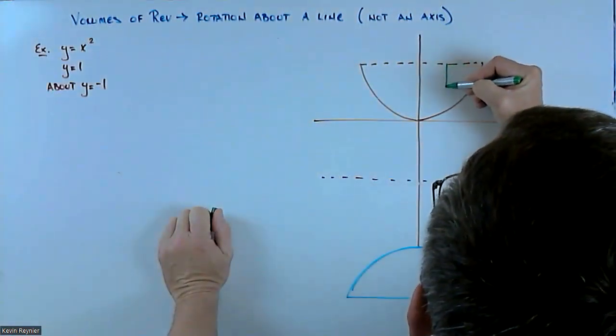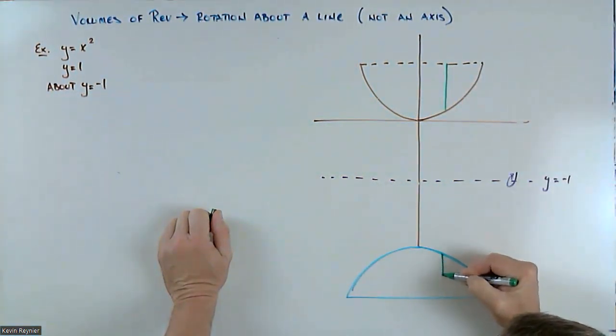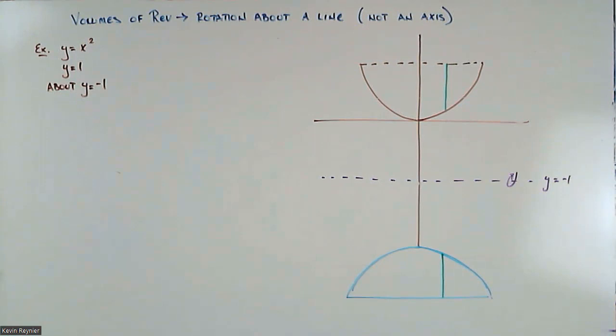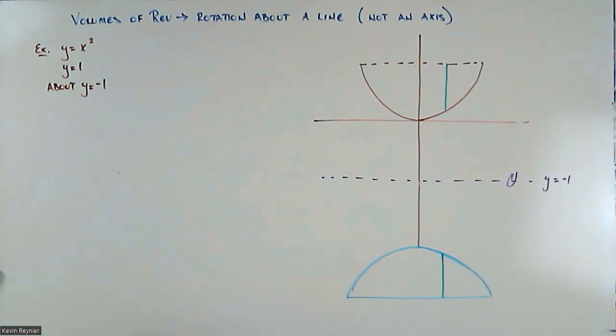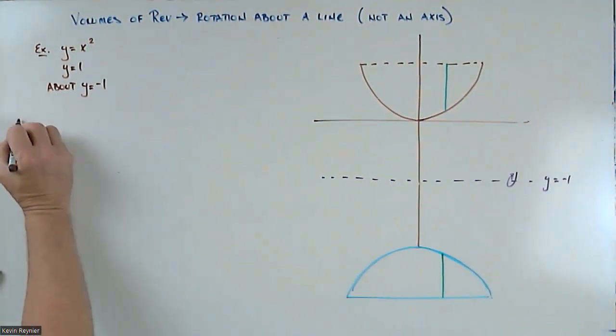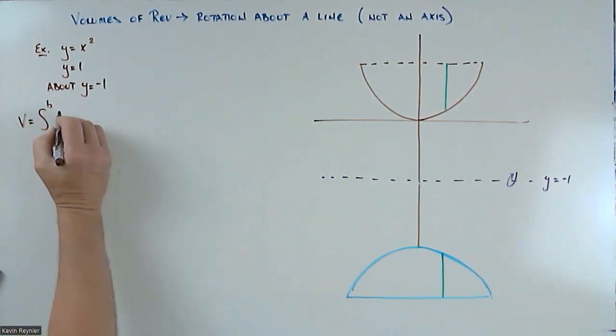That means my representative slice is going to go this way, and the corresponding slice is going to be here. At this point, I am ready to write down my integral, because I can see that this slice is perpendicular to the x-axis. I can see that I'm going to use washers. I know that the formula for washers is volume equals the integral from a to b of my outer area.